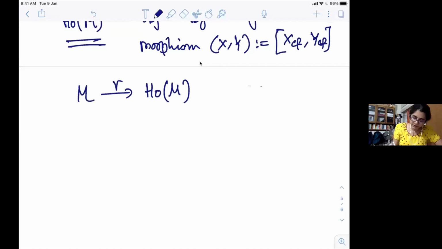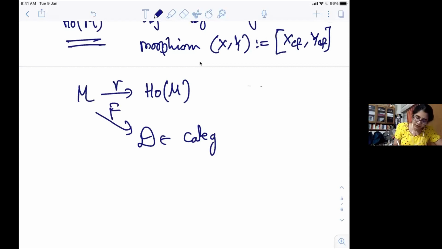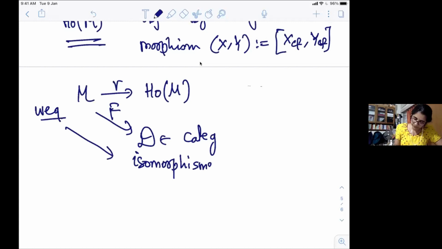If I'm given any functor F to some category D, and if this F takes weak equivalences here to isomorphisms in D, then it turns out it will always factor through the homotopy category. So in that sense, the homotopy category will be the universal thing which inverts these weak equivalences. All right, so in that sense, it's doing exactly the thing we want.